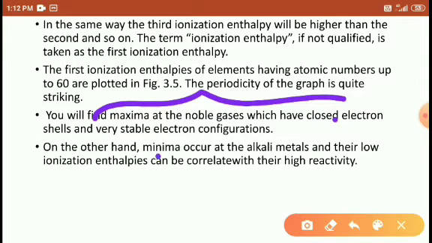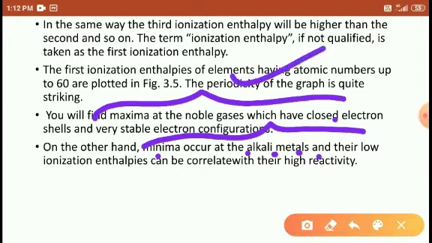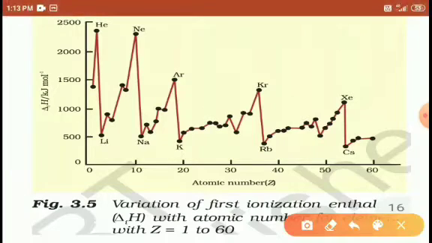On the other hand, the minimum is for the alkali metals. Alkali metals are reactive metals, and they want to stabilize themselves by losing one electron. So that's why alkali metals require very little ionization enthalpy, and noble gases require very high ionization enthalpy. Right, students? So look here, the atomic numbers from 1 to 60 are arranged.